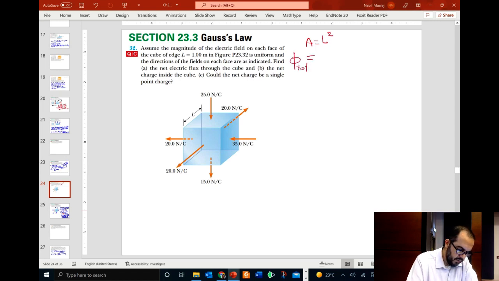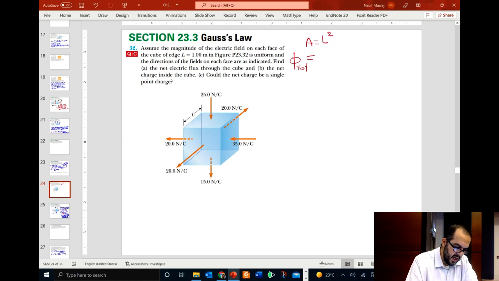So remember, if the electric field is piercing into the Gaussian surface, the flux is positive or negative? Negative. If it's piercing out, it's positive, and if it's tangential, it's 0, because the area vector is perpendicular to the electric field.